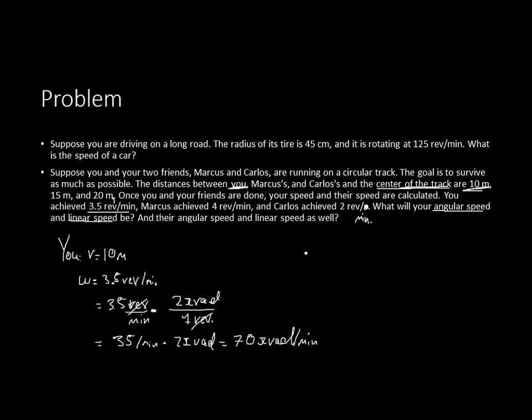Okay? So now we're going to use this formula. You have the angular speed, which is your omega, and your r as 10 meters. So let's substitute. Your radius is 10 meters, then your angular speed is 7 pi radians per minute. So here, your answer is 70 pi meters per minute.